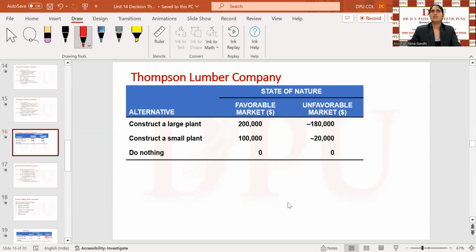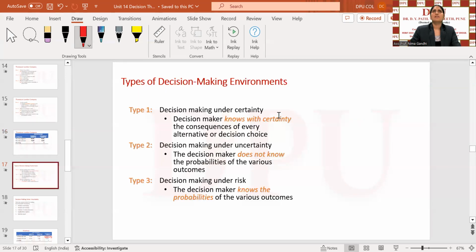If the market remains favorable, and you know it is remaining favorable 100%, you are sure, so definitely you will go for the construction of the large plant, right? So it is easy to take a decision under certainty. The decision maker knows certainly the consequences of every alternative. Okay, so this is type 1.